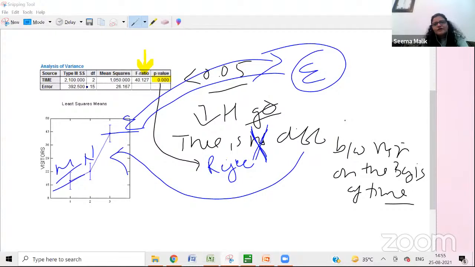So here in ANOVA, we are just taking care of the p values and the F value. We are not talking about this because these things need to be discussed when we have the lecture on the relationship between ANOVA and regression. It will take time to understand these things, sum of squares and all the error terms. What does it mean?